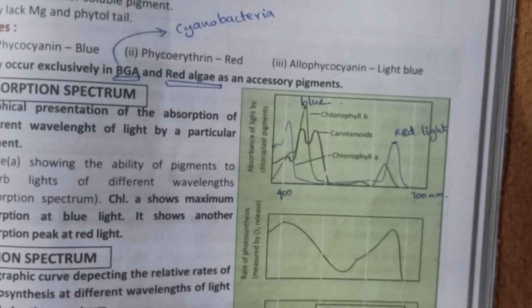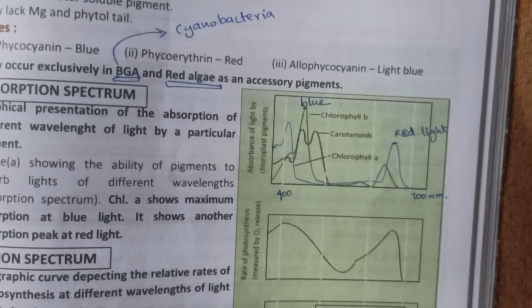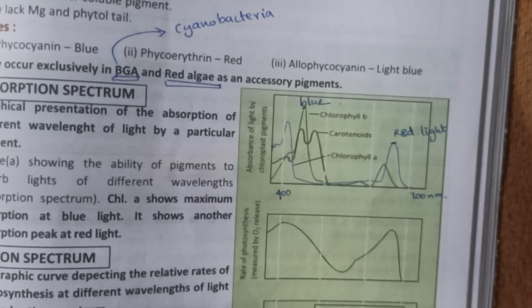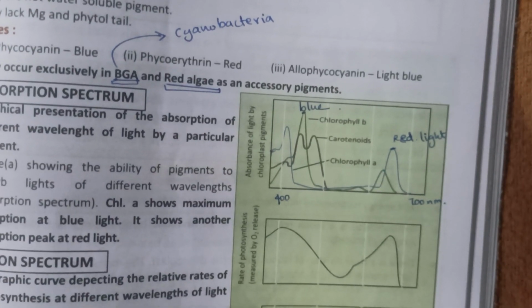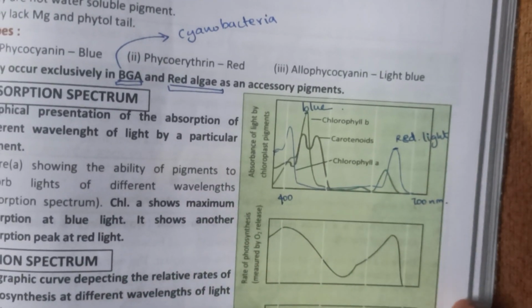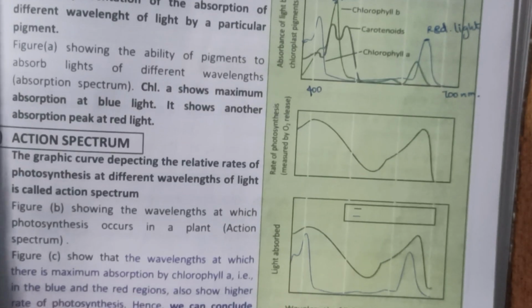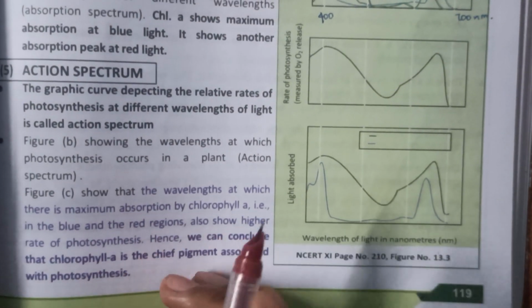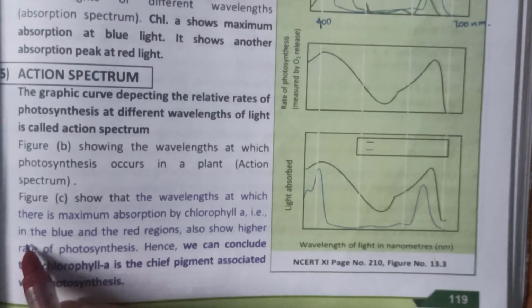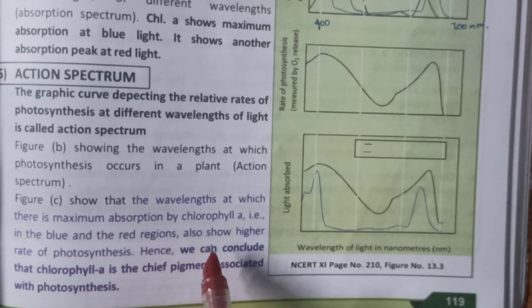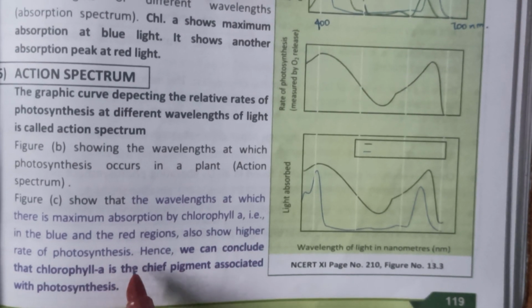The graphic curve depicting the relative rates of photosynthesis at different wavelengths of light is called the action spectrum. So this is the action spectrum. From this, what we understand is that the wavelengths at which there is maximum absorption by chlorophyll A, that is the blue and red regions, also show a higher rate of photosynthesis.